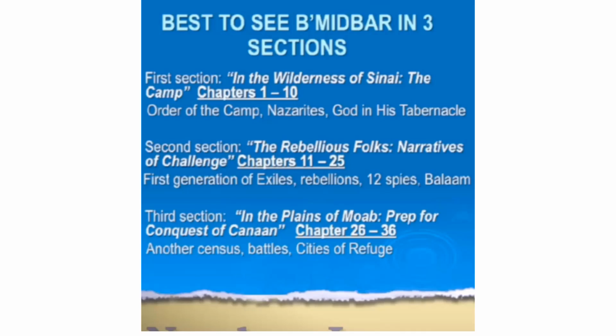Also, towards the end of this section, we come to the episode where Moses sends 12 men into the Canaanite areas to spy out the land and see what the cities are like and what the land itself is like.